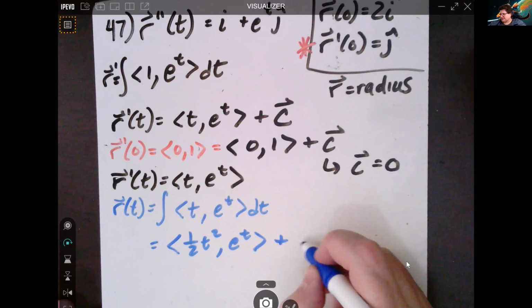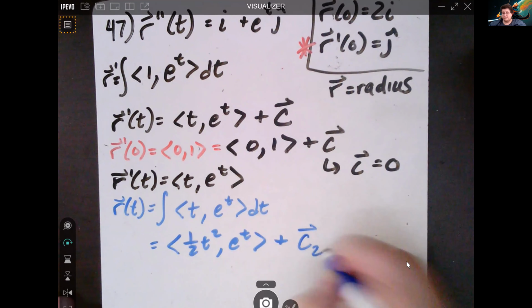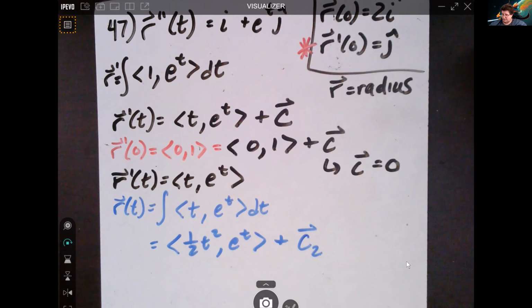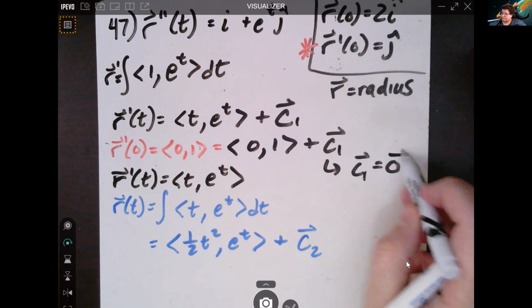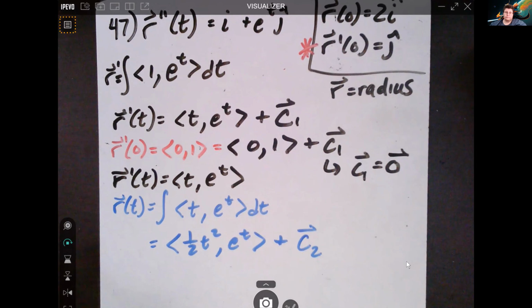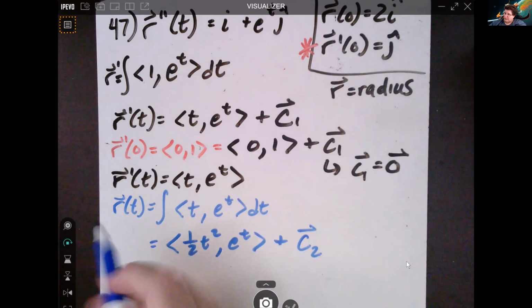Again, we have another constant vector. I'll call this C2. We'll call this C1 up here. This is my r of t.